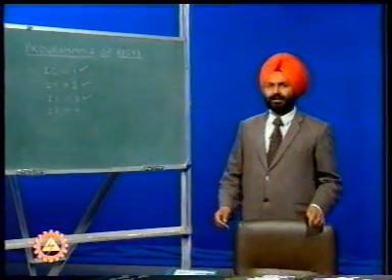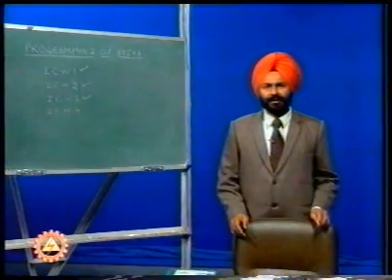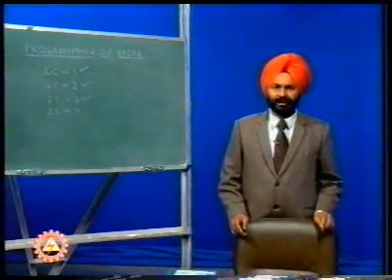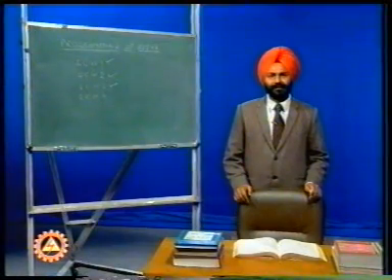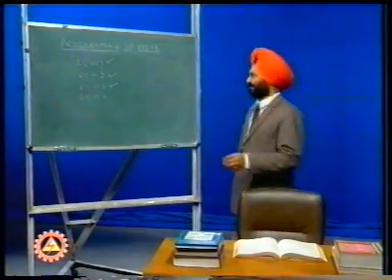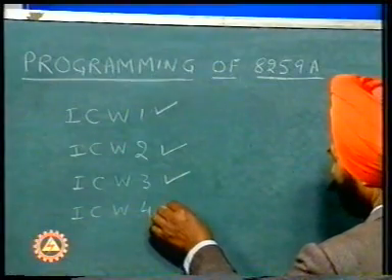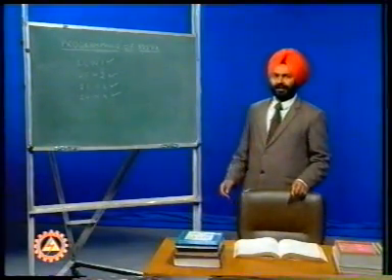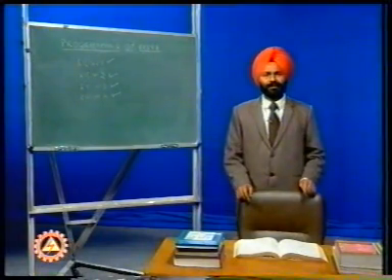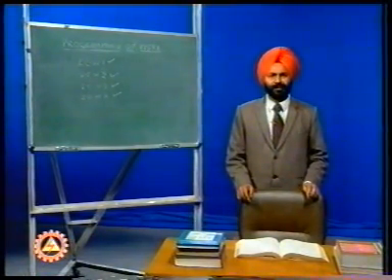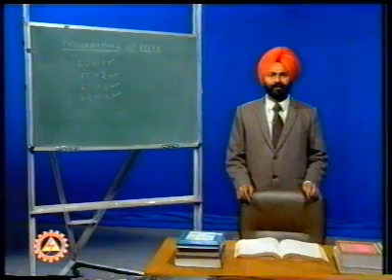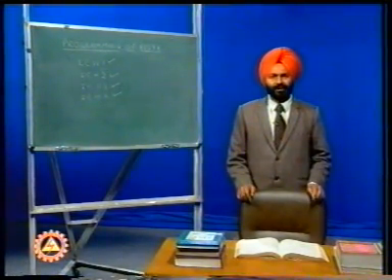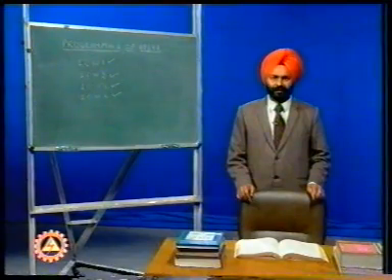This is used in case the chips are being used in cascade, that is in the master-slave configuration. The last initialization command word is ICW4. This again is an optional initialization command word. This defines the chip being used with a 16-bit microprocessor or with an 8-bit microprocessor. In addition, this allows the generation of the automatic end of interrupt.